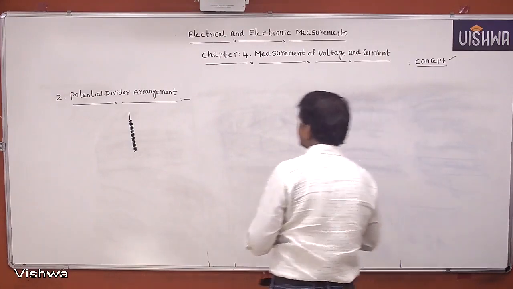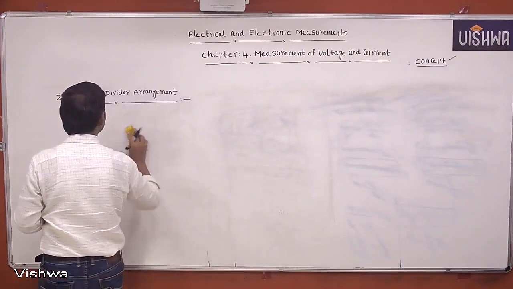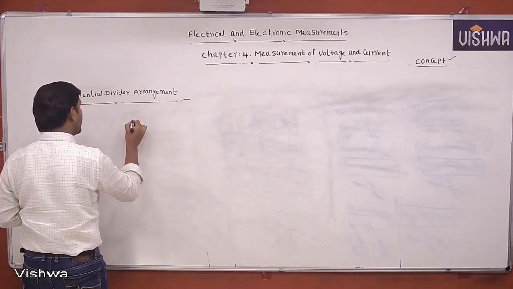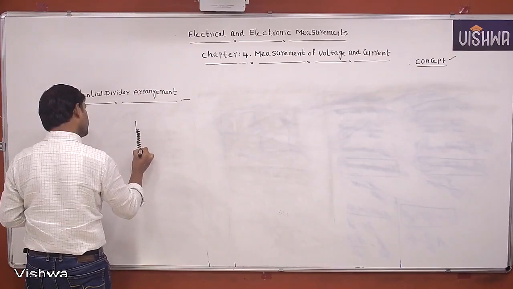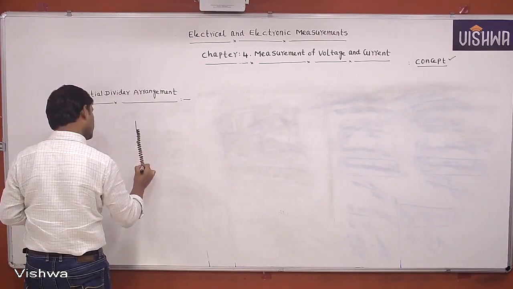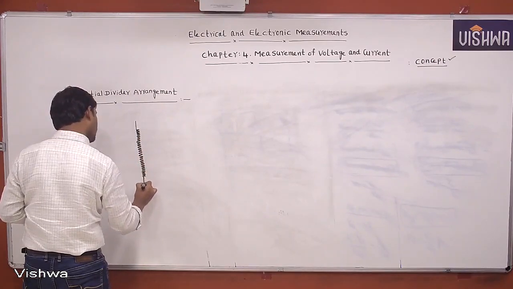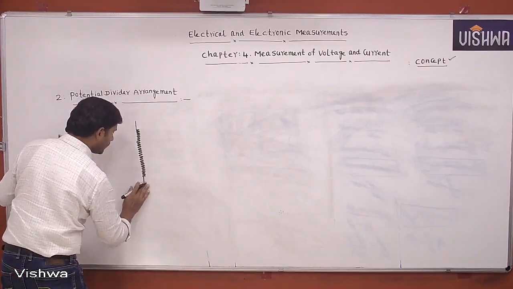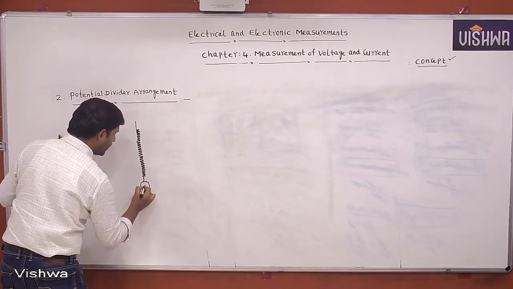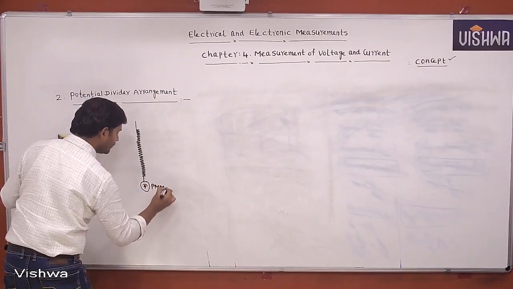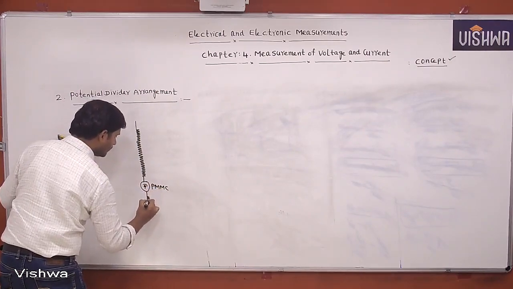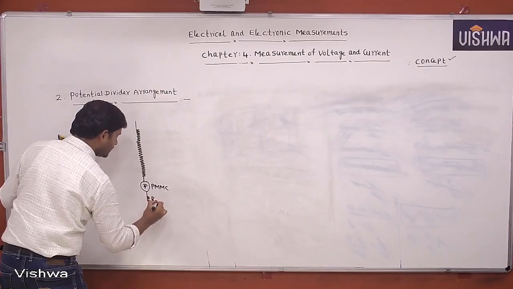You connect one large value of resistance. This is the PMMC meter movement. The meter resistance is Rm.